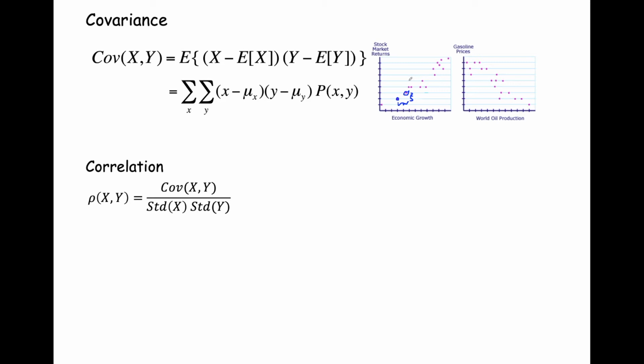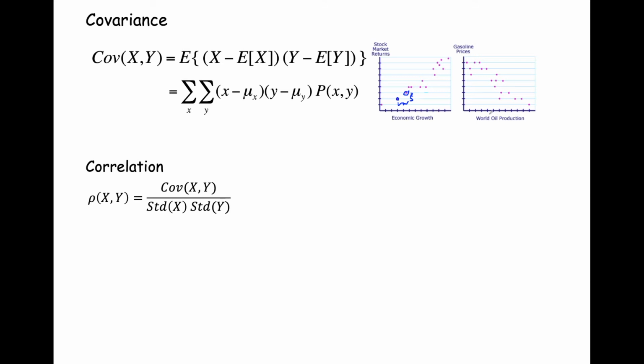They vary together, co-vary. Likewise, on the right-hand side, we have another graph, and that is world oil production, with gas prices as a function of world oil production, or world oil production versus gas prices. And we see the opposite direction for covariance, a negative covariance.